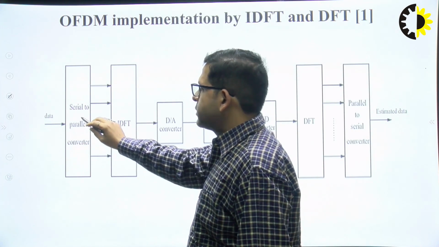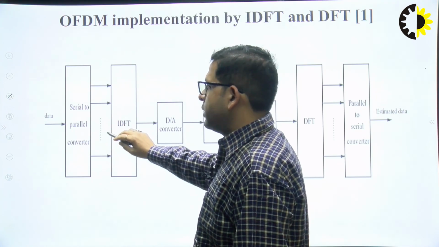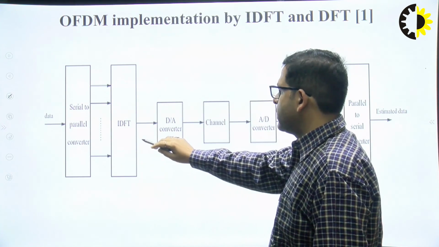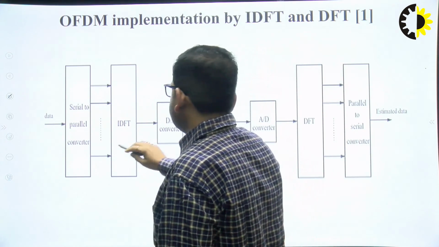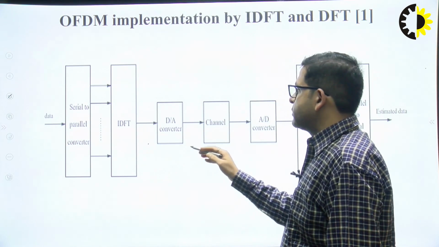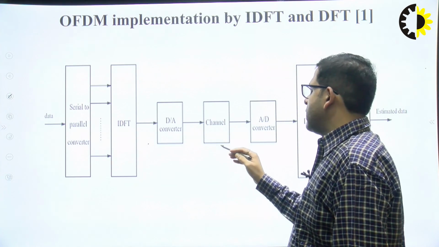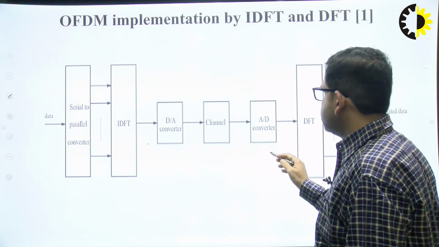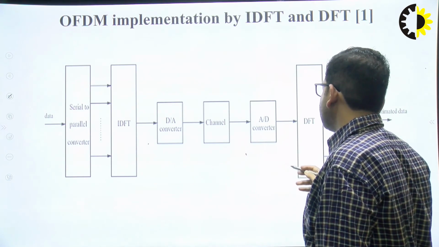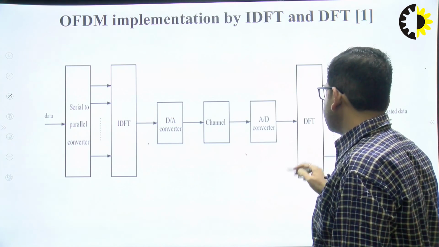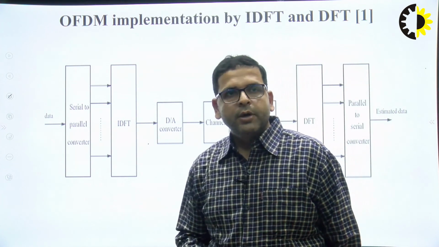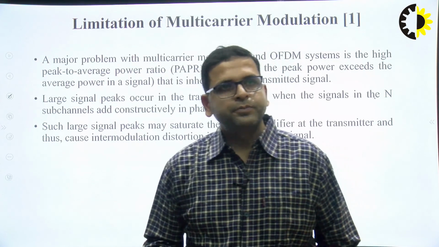The data is first converted into parallel form, and using this parallel representation we use the inverse discrete Fourier transform, by which the symbols are converted into the time domain, and this time domain signal is converted into analog form and transmitted over the channel. At the receiver side, the information is again converted into digital form, and with this digital form we use the discrete Fourier transform to get the estimate of the original transmitted signal.